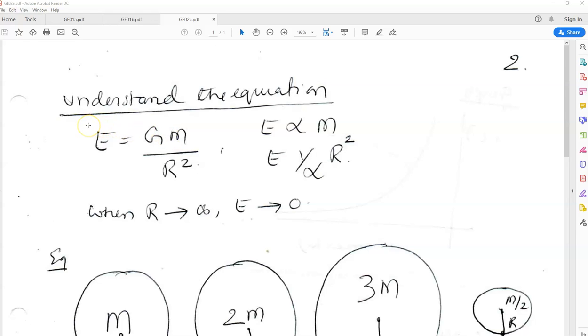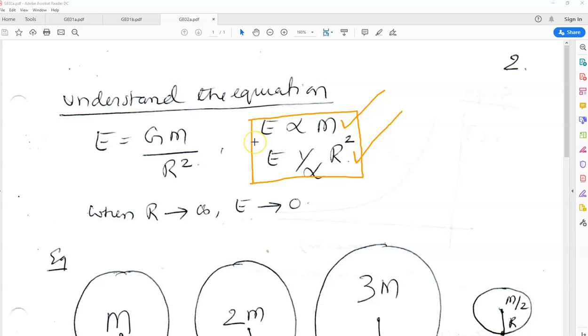By looking at this equation, we can say that the gravitational field is proportional to the mass of the object and inversely proportional to the distance squared. So you have to understand this concept, the proportionality. It is proportional to the mass and it is inversely proportional to the distance squared.